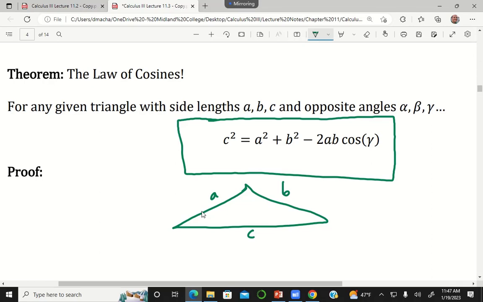And if we did, we could label the angles, say alpha, beta, gamma. And really the only important thing here is that this gamma is the angle across from C.